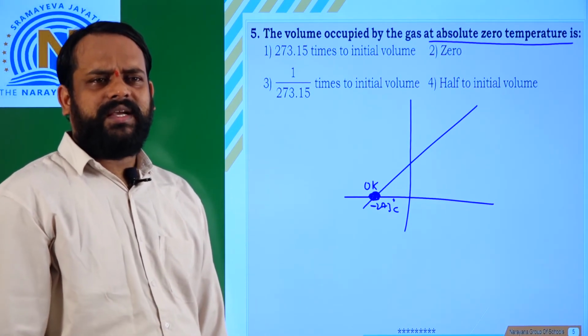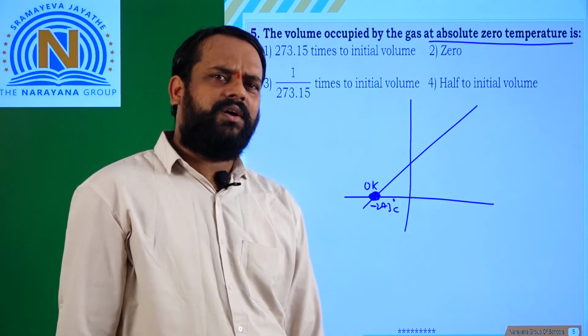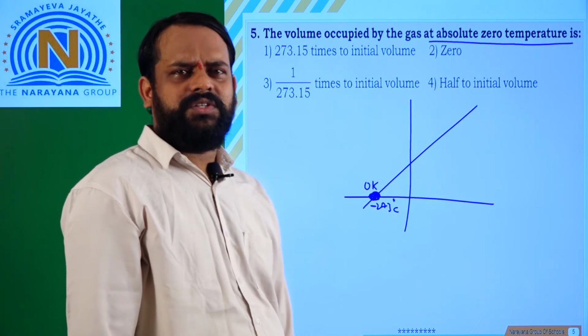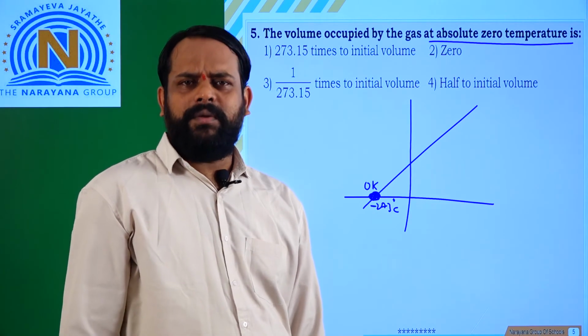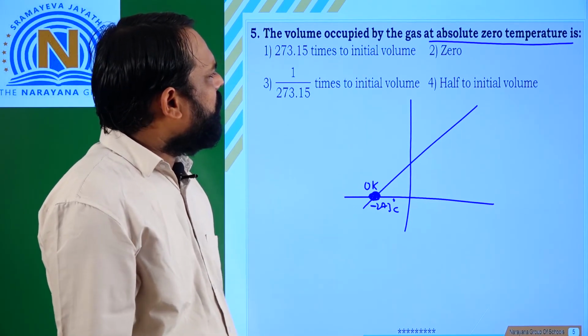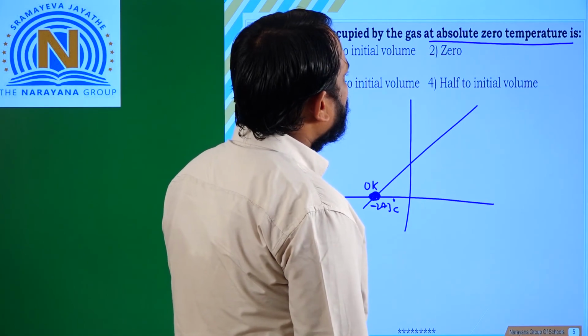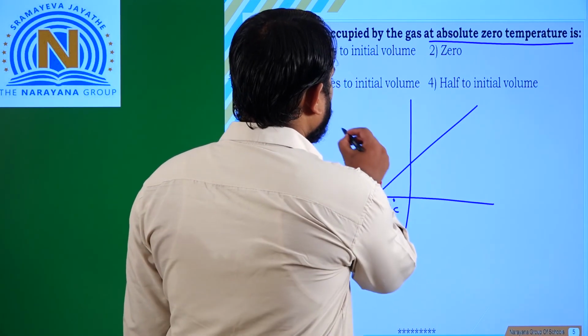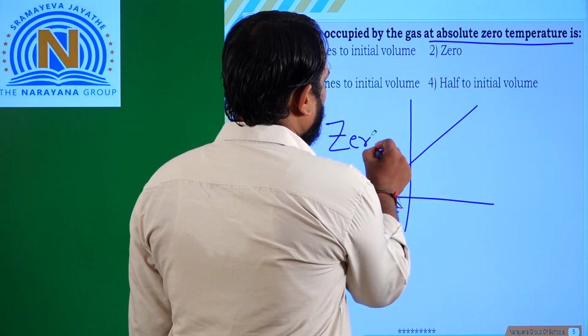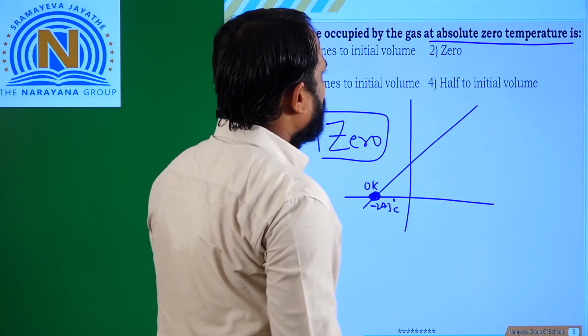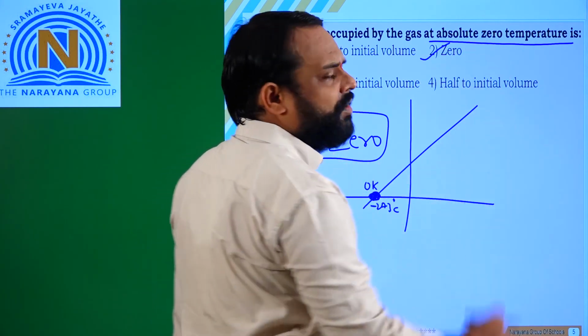So that means the gas can be converted to solid or liquid. That means the total kinetic energy of the molecules is minimized. So this point is called absolute zero or the absolute temperature. So the volume occupied by the gas at absolute temperature is 0. So which option? Second option, right?